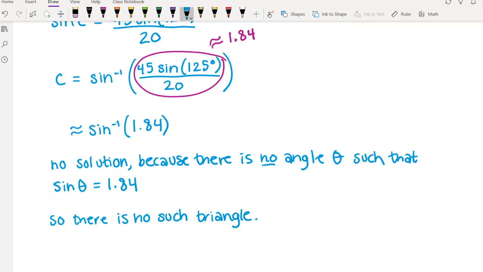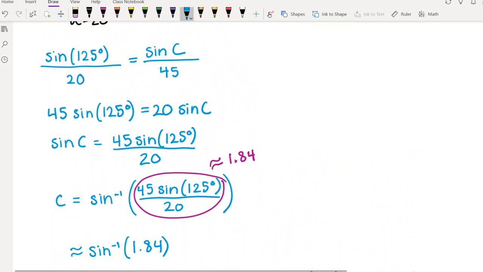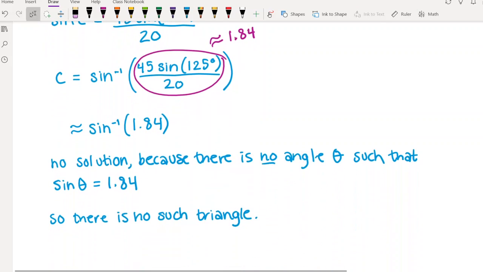So basically, if you are doing one of these problems and you get to a point where you're trying to take inverse sine of a number that's bigger than 1, or you type it all into your calculator and you get an error, that will tell you that there is no triangle, no solution.